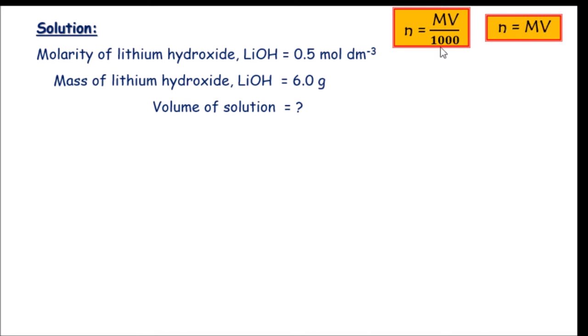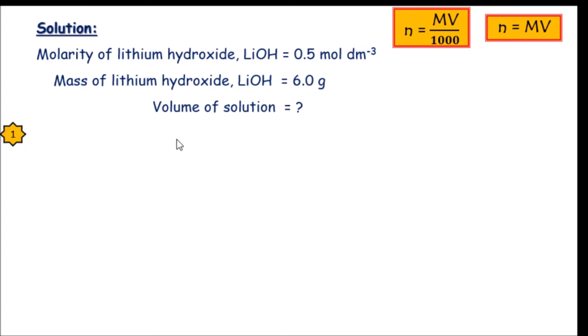This v is in cm cube in the first, and in the second, N equal to mv, the volume unit is in dm cube. So you are given the molarity 0.5, mass 6.0, and volume you don't know, you need to find it. So what do you need to find first, so that you can find the volume also?